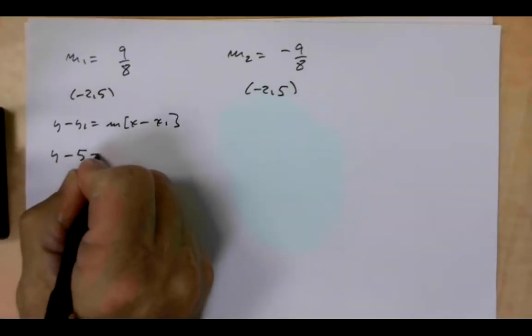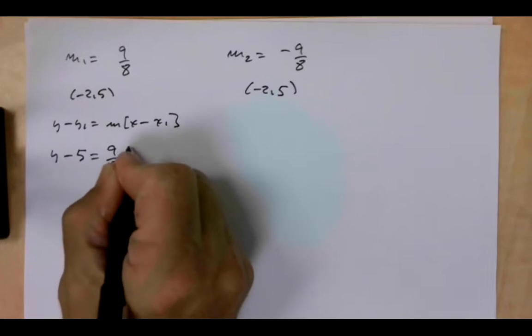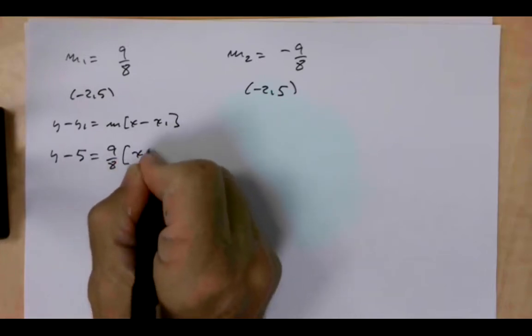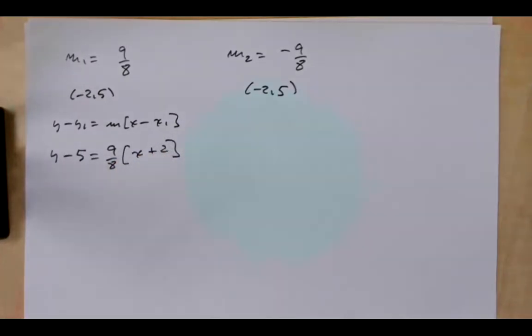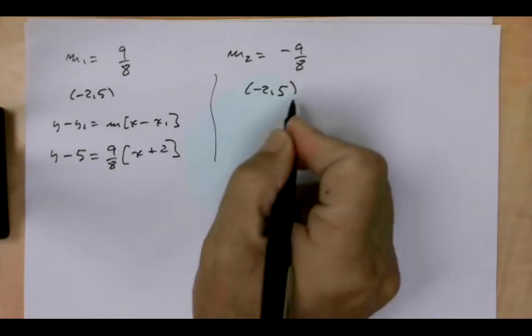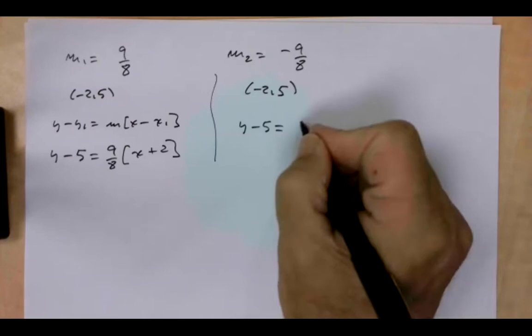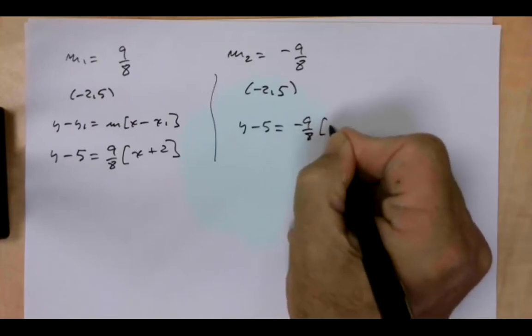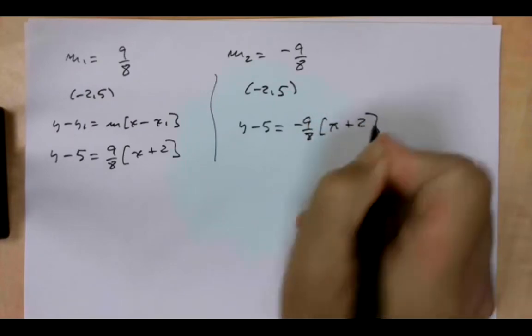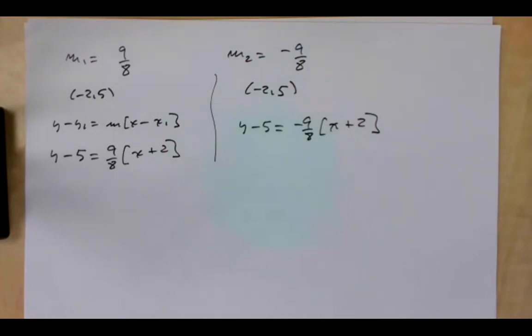So we get y minus 5 is m, 9/8, times x minus -2, times x plus 2. Over on this side, y minus 5 equals m, -9/8, times x plus 2.